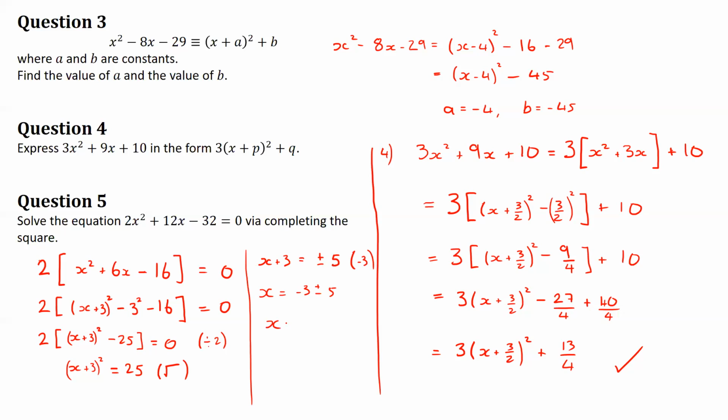So x equals minus 3 plus 5 is 2, or x equals minus 3 take away 5, which is minus 8. And that's those two answers done. So these two I then just put in a nice big square, say an examiner, here's my answers, thank you.